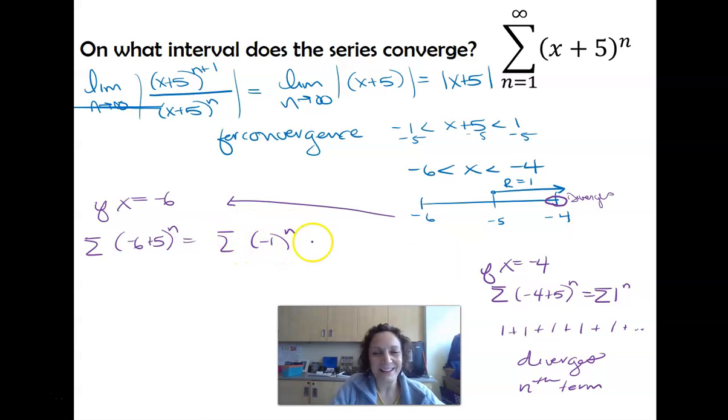Usually what ends up happening is on one end you have the non-alternating version, and on the other end you have an alternating version. So again, if I took away its negatives, I already know it's just going to be 1, and that's going to diverge. I already tested that over here. So the only question now is, will it converge if I let it oscillate? In other words, can I get some conditional convergence out of this thing?